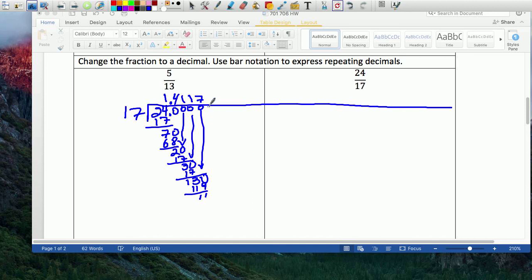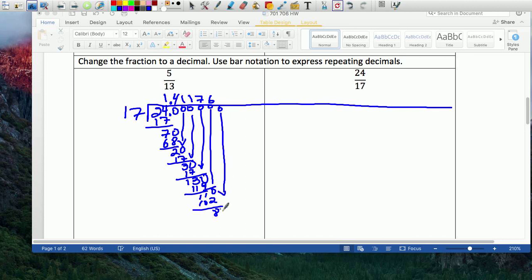And I'm going to bring a 0 down. And 17 goes into 110 times 6. Yeah, 6, which is 102. And I'm going to have 8 left over.